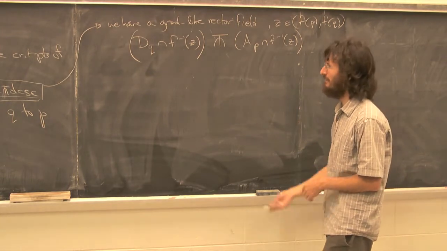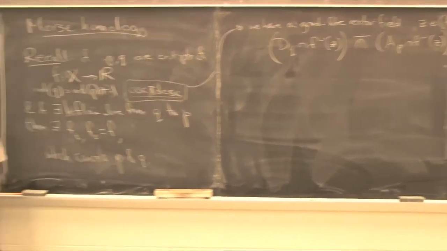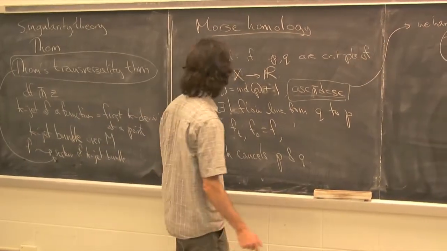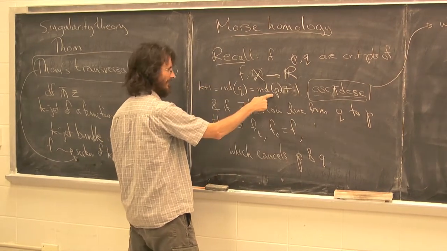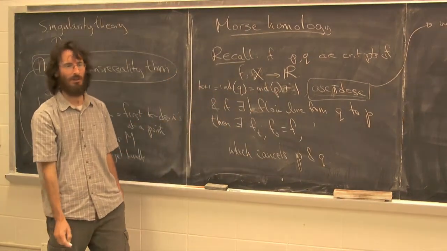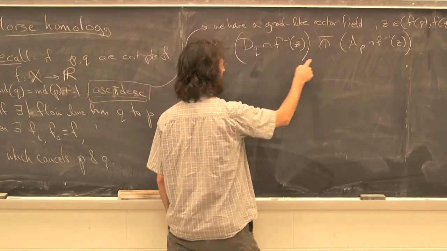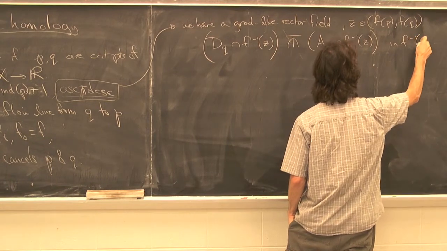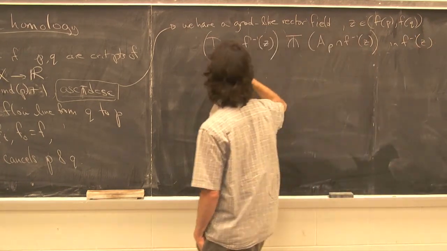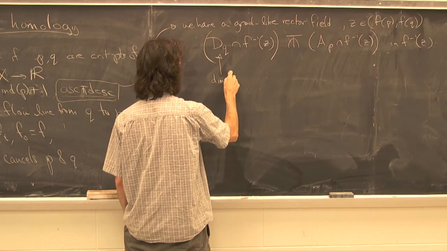That's the condition, and we're going to be counting dimensions again, so let's review our dimension counts. Let's say P has index k, Q has index k plus 1. Now the descending manifold for Q has dimension k plus 1.